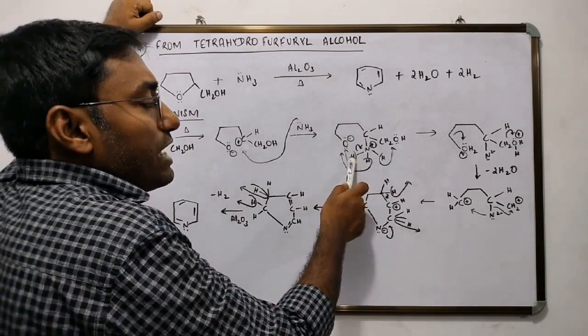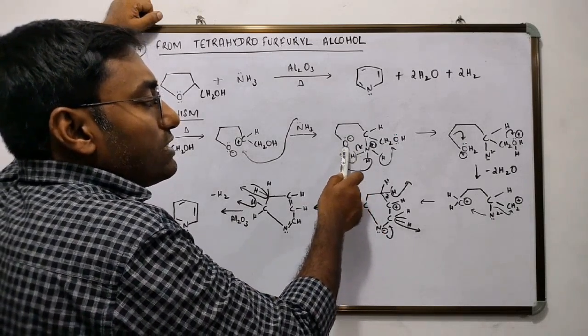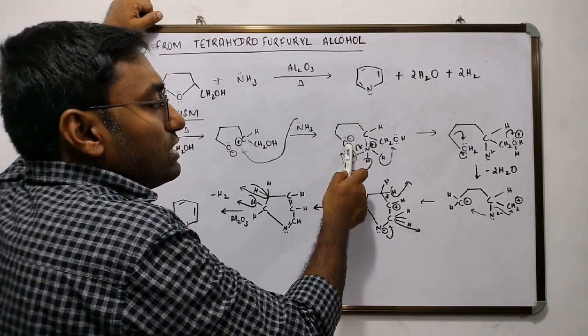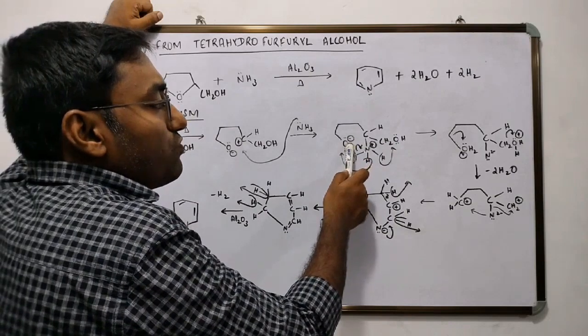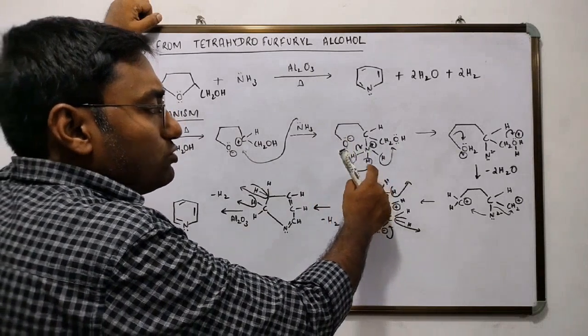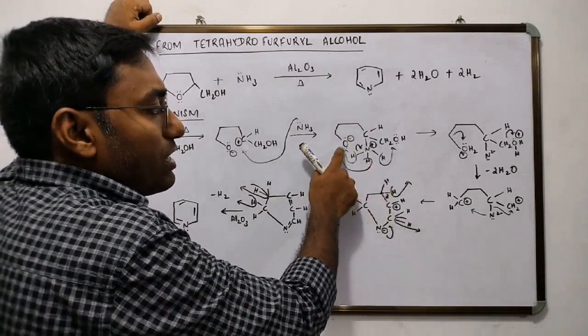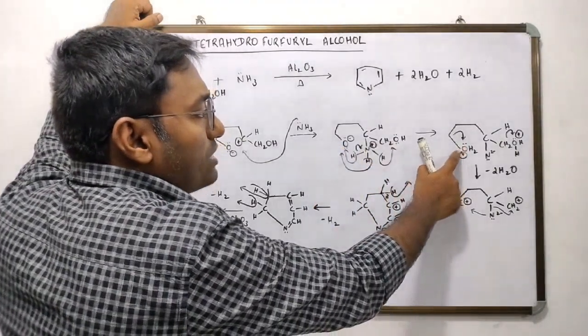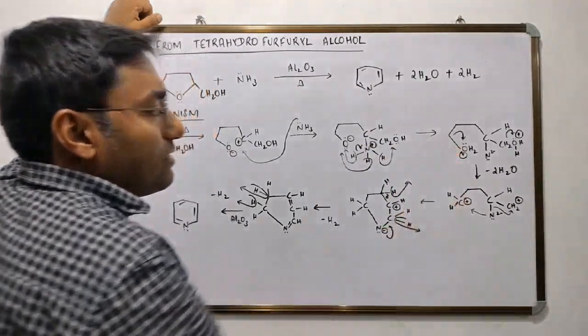Meanwhile, the liberated H plus attaches itself to the negative charge over the oxygen, resulting in the formation of OH here. Another hydrogen also gets attracted to the lone pair of electrons on the oxygen, resulting in the formation of an OH2 plus ion.